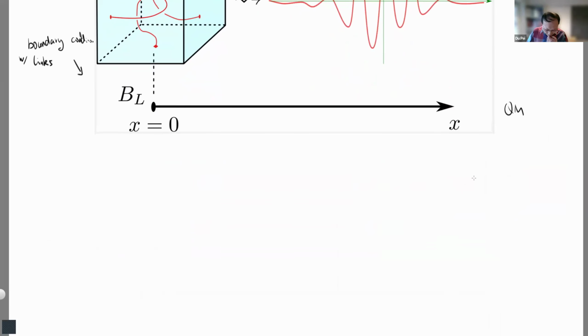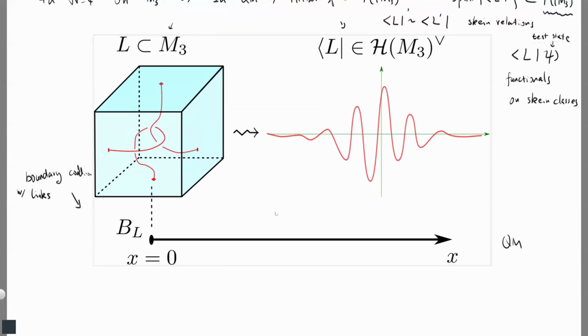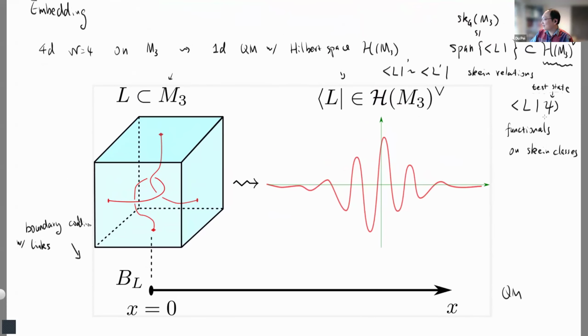So still, this seems somewhat difficult because, well, what kind of test states are we going to use? I can't understand. Which states do you mean? Which states? You mean the psi here? Test states.